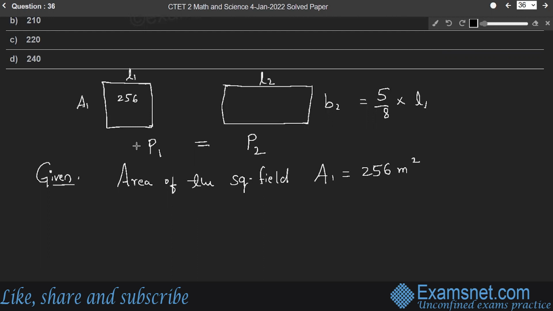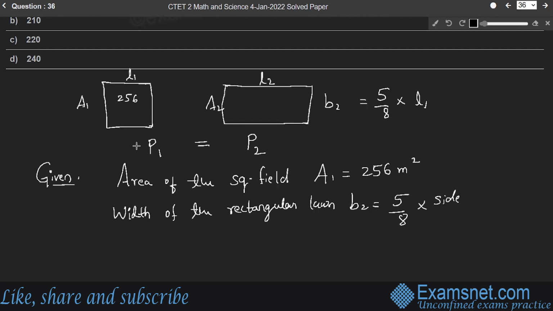A1 is the area of square, A2 is area of the rectangle. Okay. Width of the rectangular lawn B2 is equal to 5 by 8 times the side of the square.